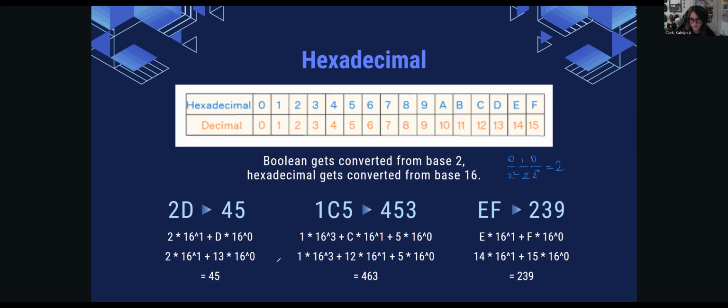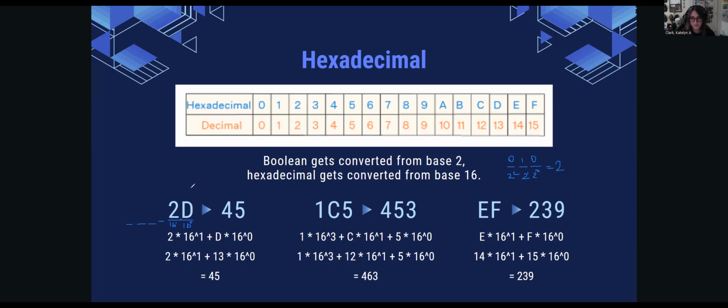In hexadecimal, it is base 16. So this will be the 16 to the 0th place, this will be the 16 to the 1st place, etc., for however many digits you have.